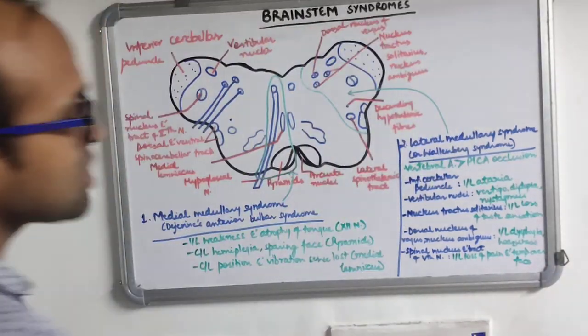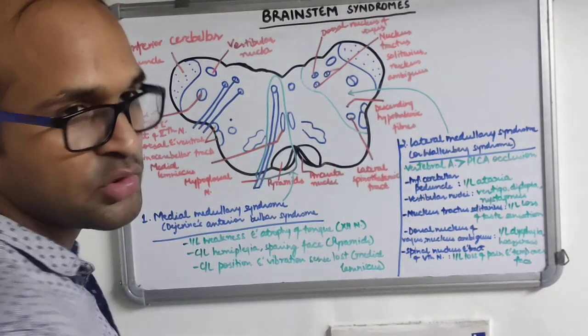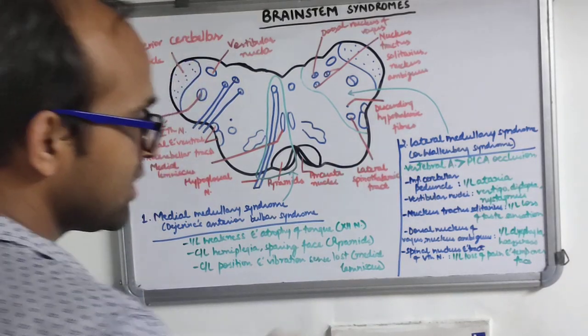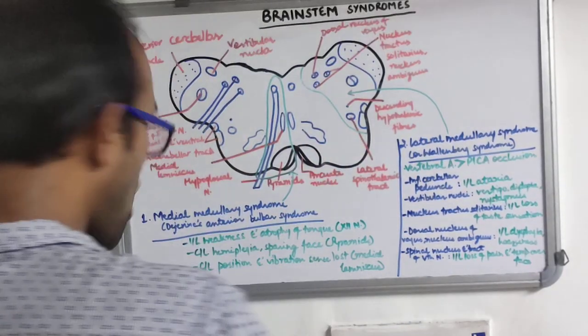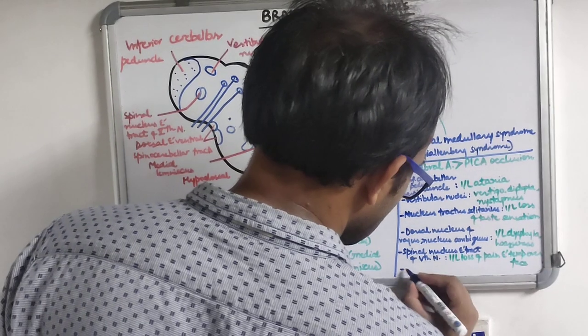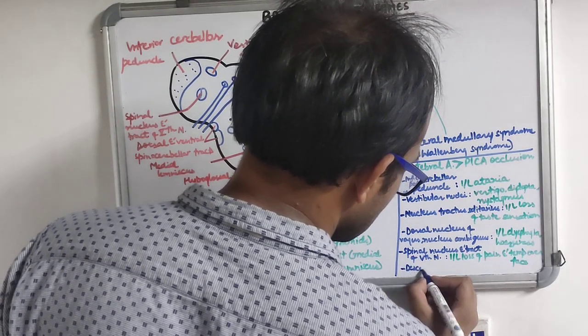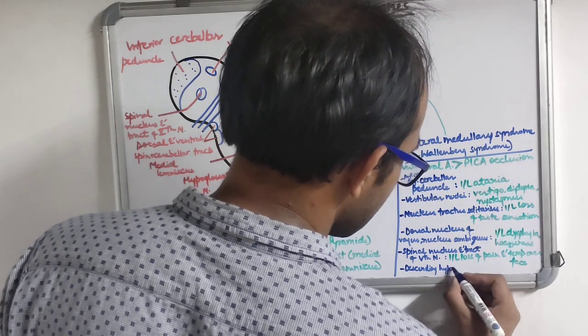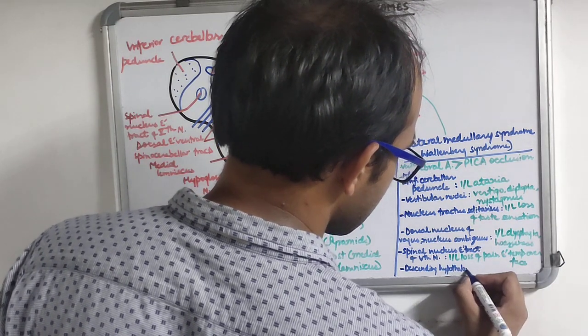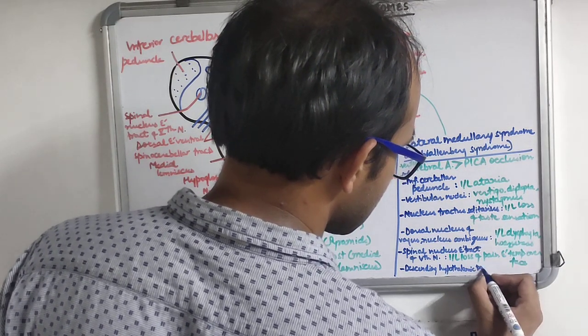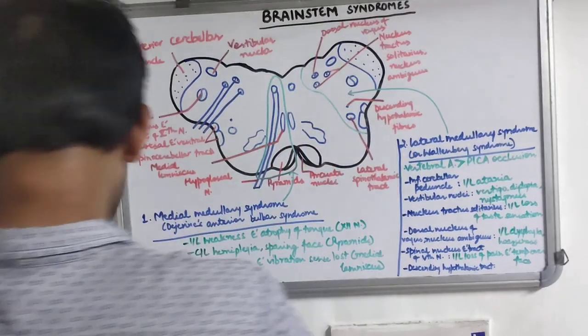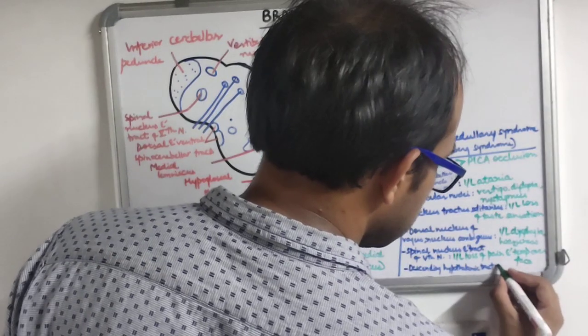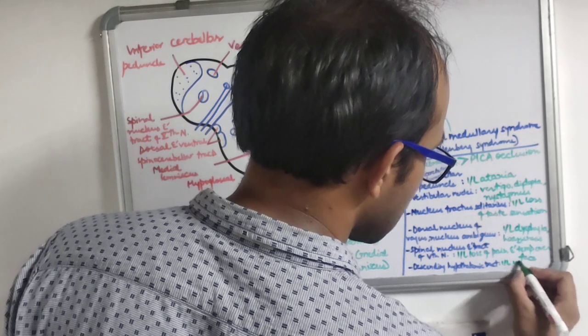And finally, because of the involvement of the descending hypothalamic tract, there will be ipsilateral Horner syndrome.